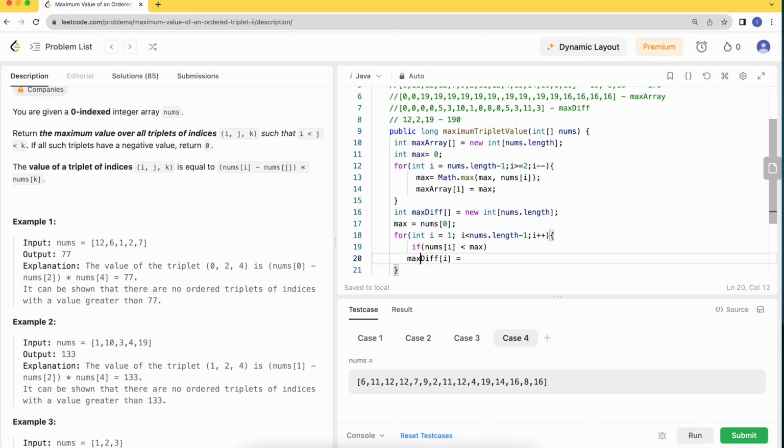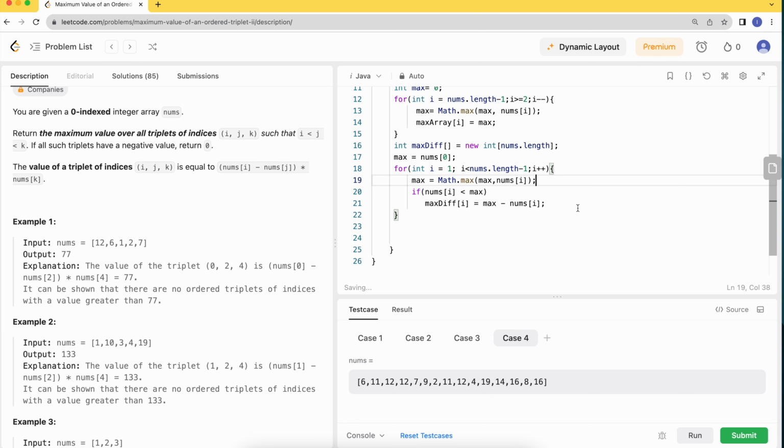So if it is less than the maximum, the maximum difference of i would be the max minus nums[i], and here my max could be Math.max of the current max and the number at the index.